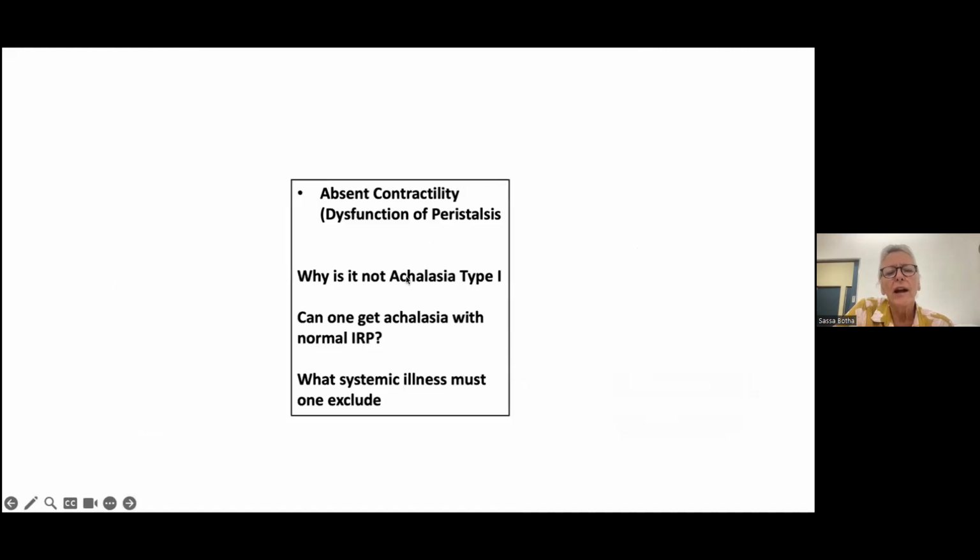Okay, so why is it not achalasia type 1? The IRP wasn't raised, even with the provocative tests. Yes, it was 7, and your provocative testing was negative as well. Can one get achalasia with a normal IRP? I'm going to say yes, because I've asked it in such a way. Yes, you can. Why is this not achalasia?